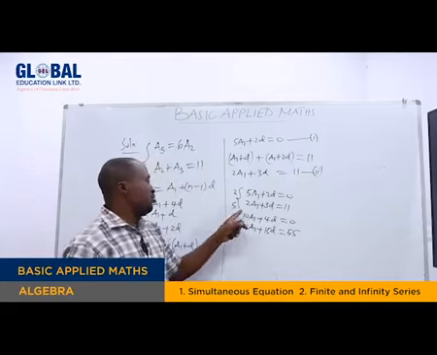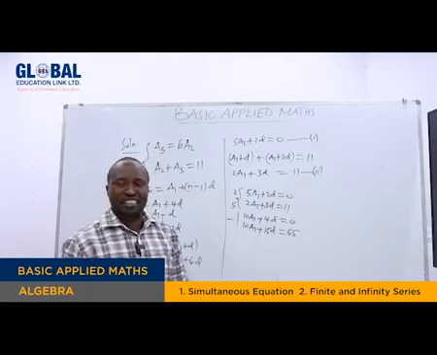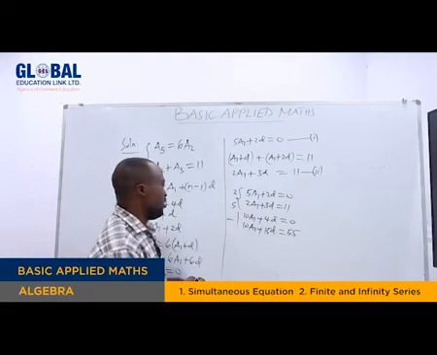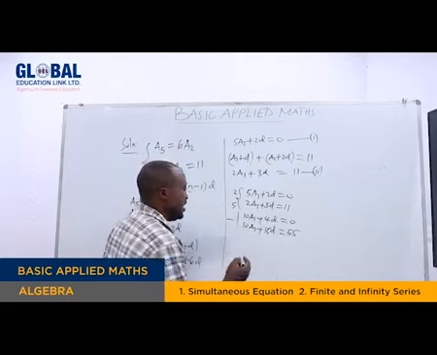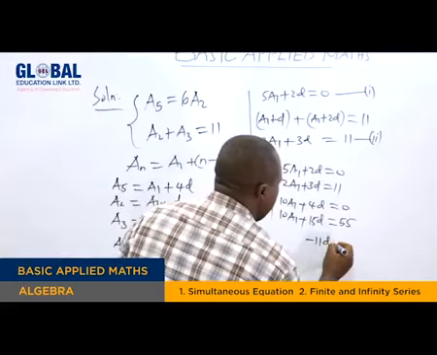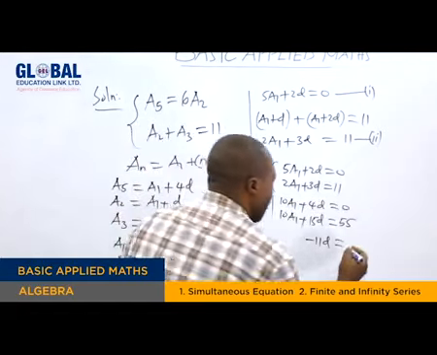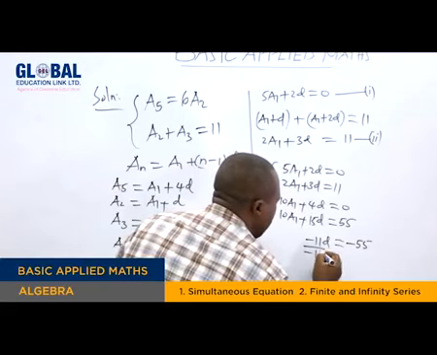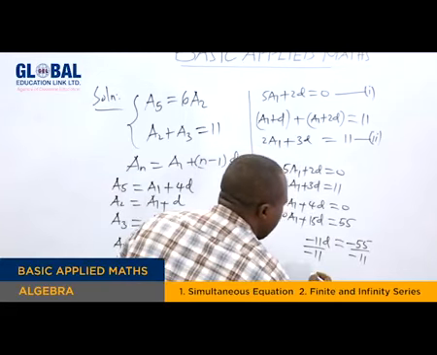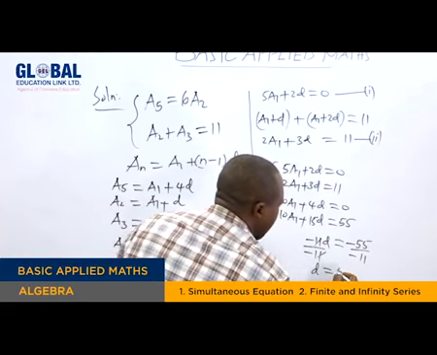Now, we have terms which are the same. So these are positive, so we subtract: 10a1 minus 10a1 is 0. Again, we have 4d minus 15d, that is negative 11d, which is equal to 0 minus 55, which is negative 55. So dividing by negative 11, now we have d is equal to 5.